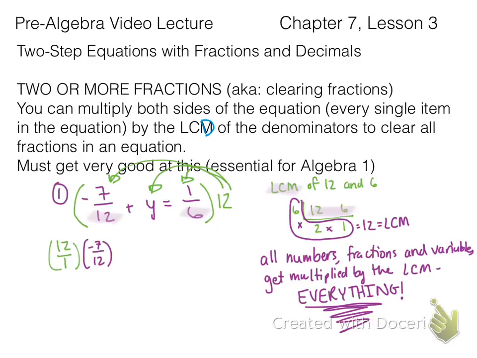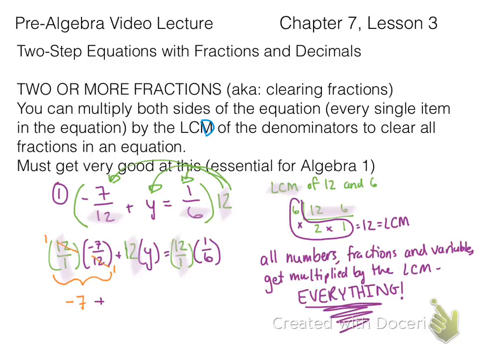So I'm going to have 12 as a fraction, which is 12 over 1, times negative 7/12, plus 12 times y, plus 12 as a fraction times 1/6. All right, see? I'm multiplying this 12 times everything in there. Let's go ahead and multiply before I simplify.